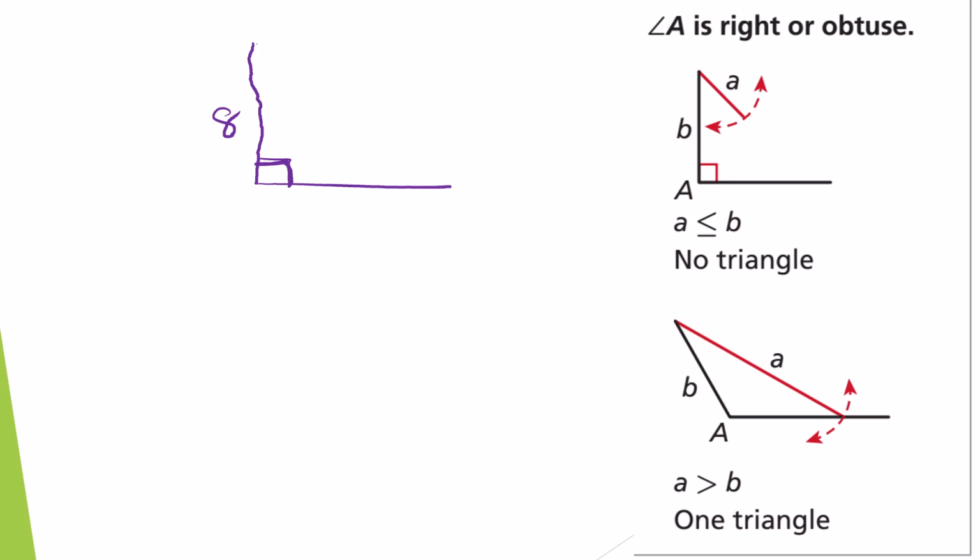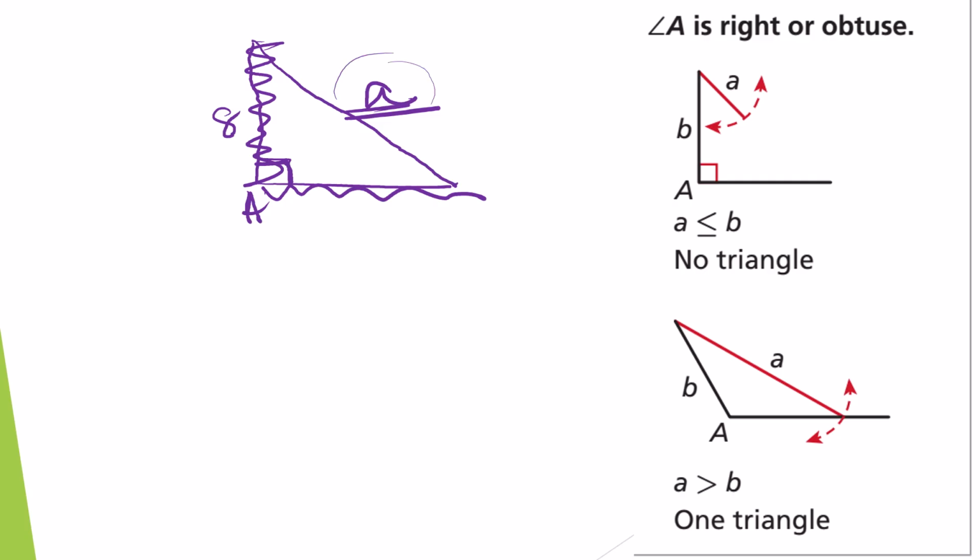If angle A is right, I can only make the triangle when, let's suppose this is A, this side will be bigger than this side and must be bigger than the height. Only in that case, this is the biggest side. I can make the triangle only when this line is bigger than the other two sides. If it is not the case, then I cannot make the triangle. Look, this is 90 degree, right?